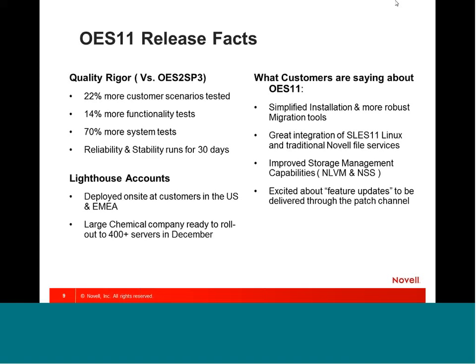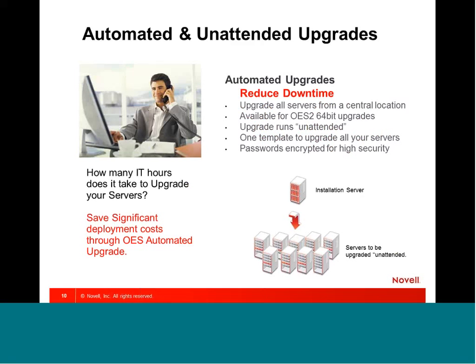Okay, this next one is about making upgrades more automated, more unattended, and faster for you to deploy. In February, we released a way to do an automated upgrade from OES 2 to OES 11. Basically, it's running through some of the AutoYaST code, if you're familiar with that.